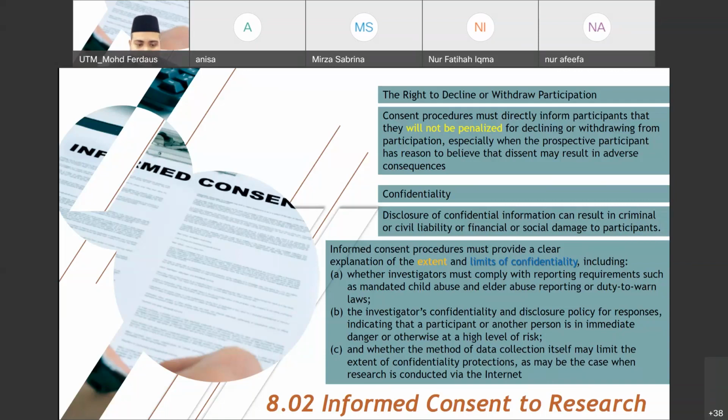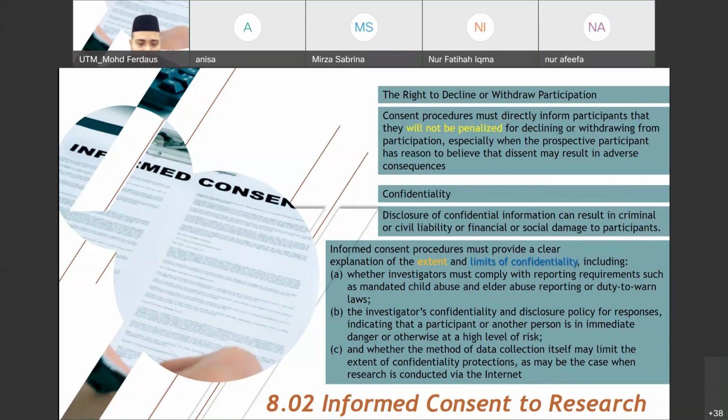If they are teachers, parents, seniors, or enforcement officers, you have the right not to participate. They need to inform you clearly that if you are not willing to participate, there is not going to be any punishment.